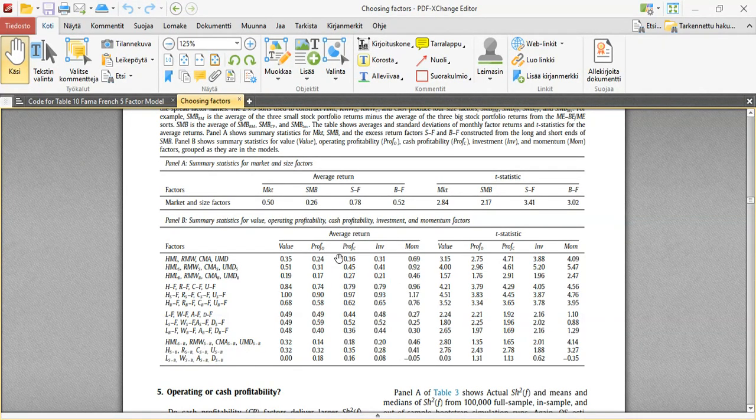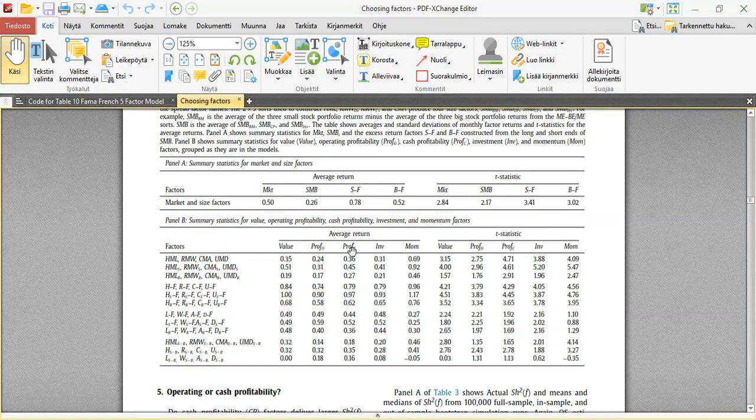What we see already is that the economic magnitude of the profitability factor using cash profitability is about 50% higher than the corresponding profitability factor using operating profitability. The economic magnitude is 0.36 compared to 0.24, and the significance level is also much higher, because the t statistic is 4.71 using cash profitability against 2.75 for operating profitability.